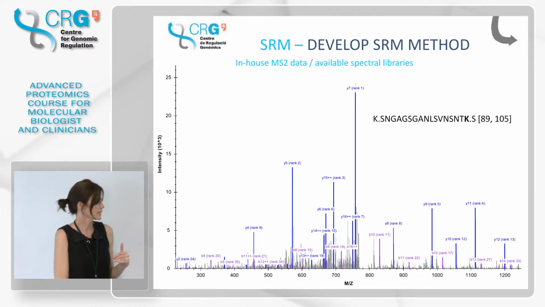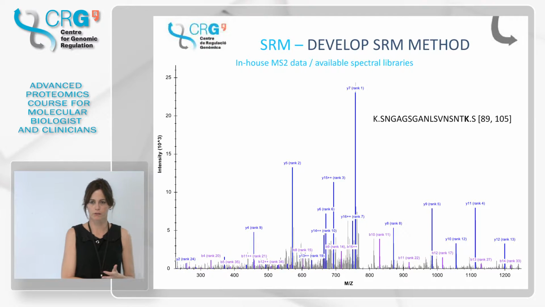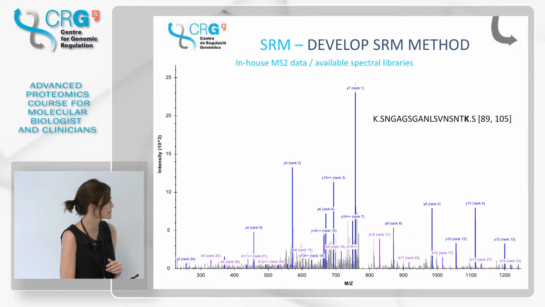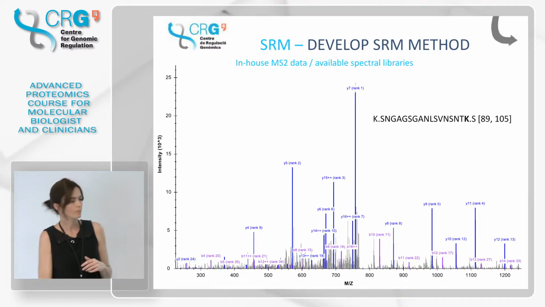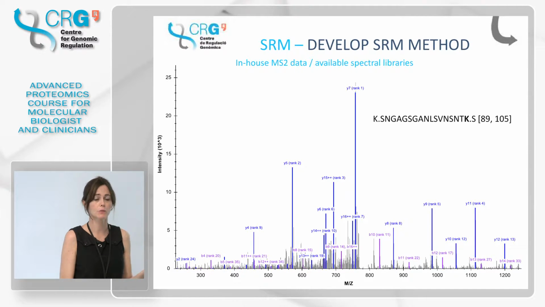This is an MS2 spectrum acquired in an Orbitrap for this specific peptide. Here we have the ions that we see, a Y15 with charge 2 ion, a Y7. And this is what serves us to decide which transitions we want to monitor.